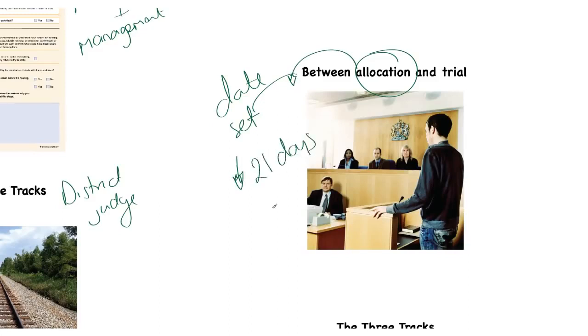So the court date will be at least 21 days after the allocation. And the actual date depends on what other directions are needed. So that might be copies of documents might be needed. And it might take some time to get these together. Copies of expert statements perhaps.